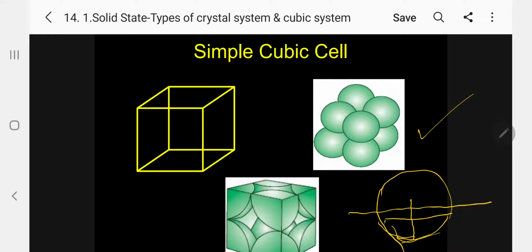So you will get 4 pieces now: 1, 2, 3 and 4. The same way with the top one, you cut vertically and horizontally and get 4 pieces. So this is the only one atom we are enclosing in the simple cubic cell. Please follow. So this is equivalent to this imagination.